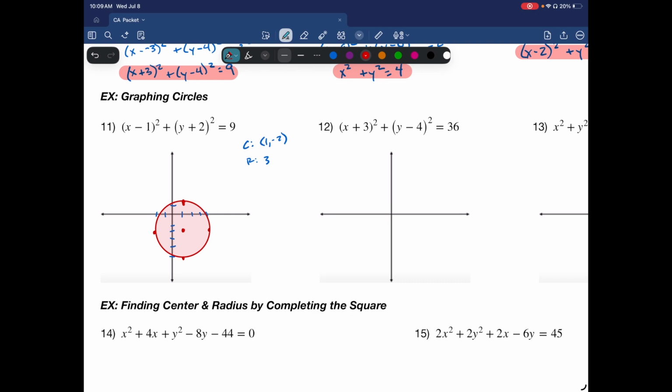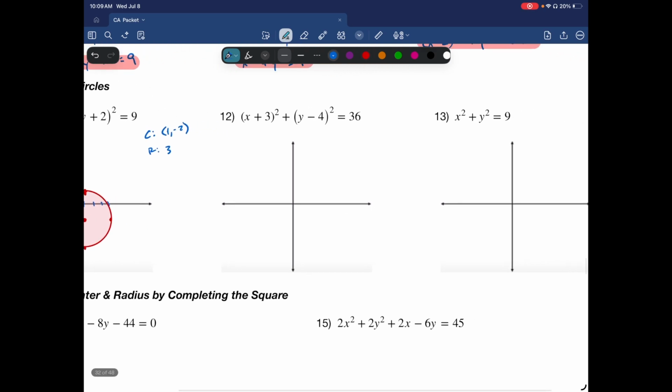Okay, so that's the idea. On 12, my center is negative 3, 4. And my radius is 6. Okay, so I got negative 3, 4. So I got 1, 2, 3. 1, 2, 3, 4. And then you're going to go out 6 in every direction.